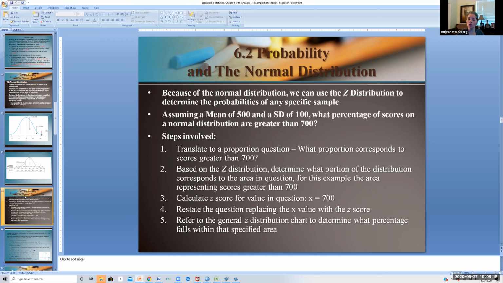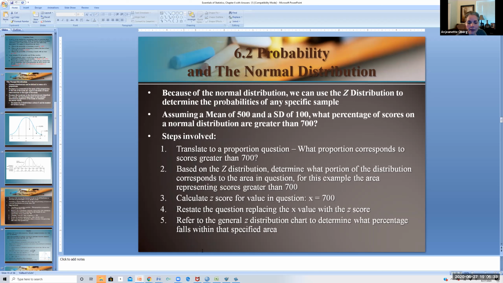A z-score of 2 is going to be equal to a score of 700. And we can now look at the probability of pulling that z-score, or what proportion of the population scores in that range, okay?